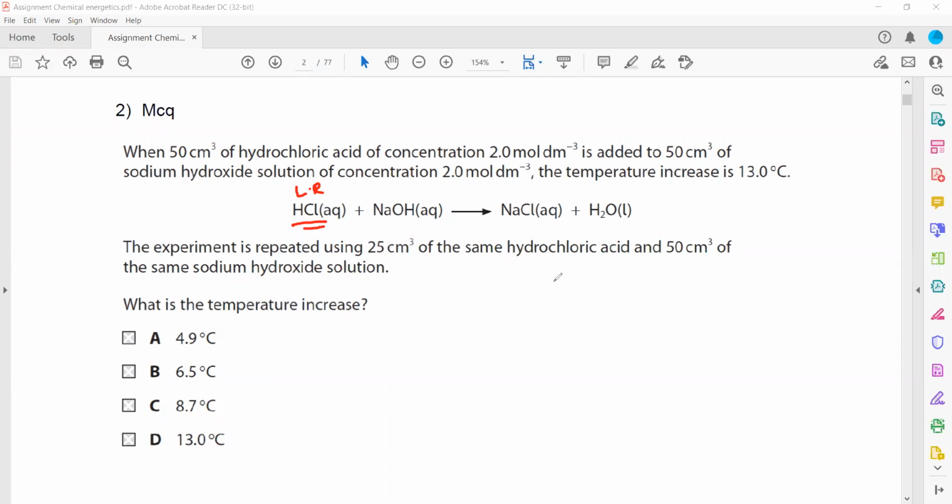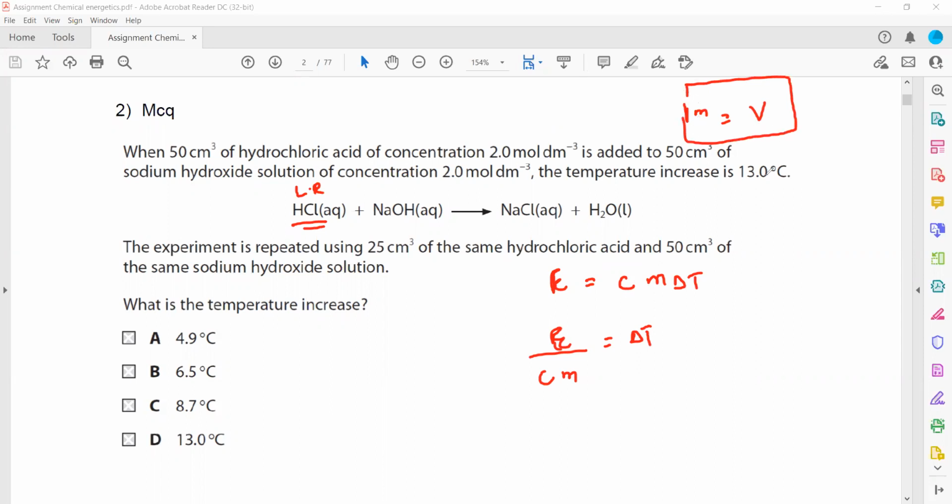The formula which relates energy with temperature change is E equals Cm delta T. So the change in temperature, delta T, equals E divided by Cm, where E is the energy depending on the moles and m is the mass, which is related to volume, because we consider the density to be 1 gram per cm cube.